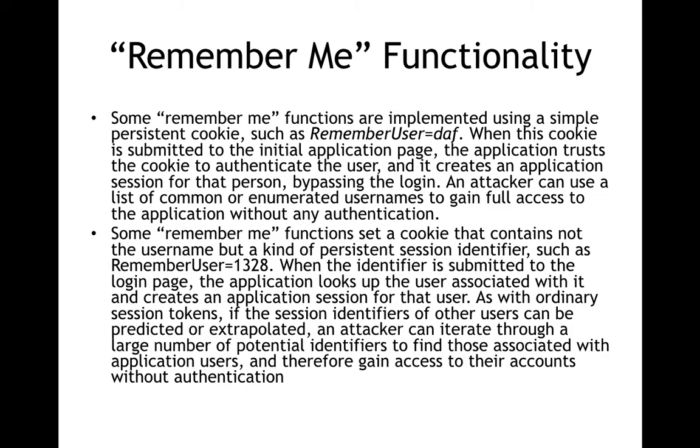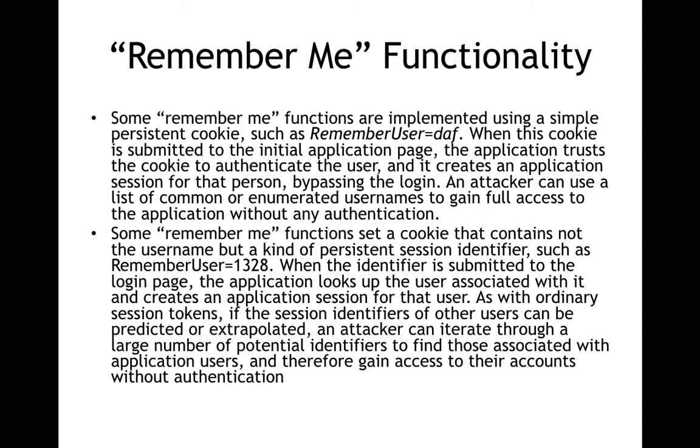In some Remember Me functions, it basically works like a typical cookie. Persistent cookies are stored and submitted to the initial application page, and the application trusts that cookie to authenticate the user and creates an application session for that person, basically bypassing the login.